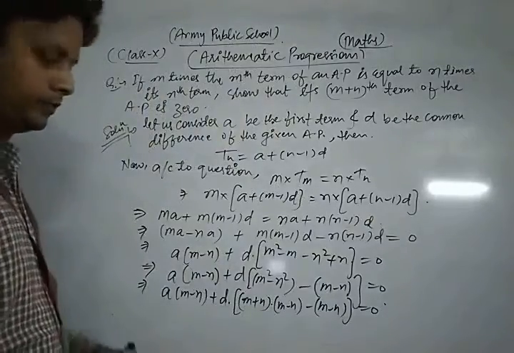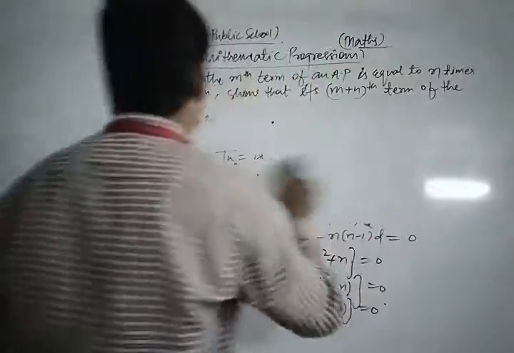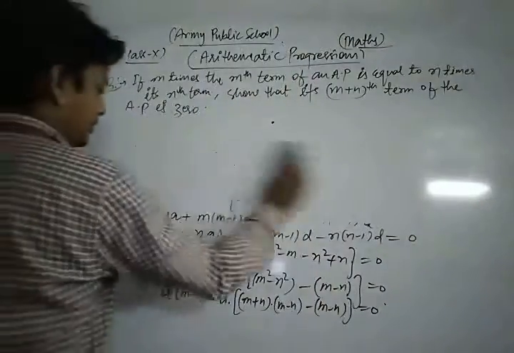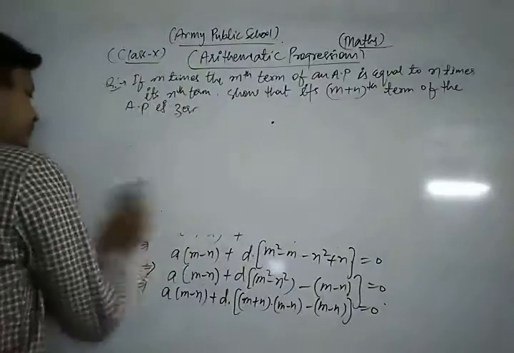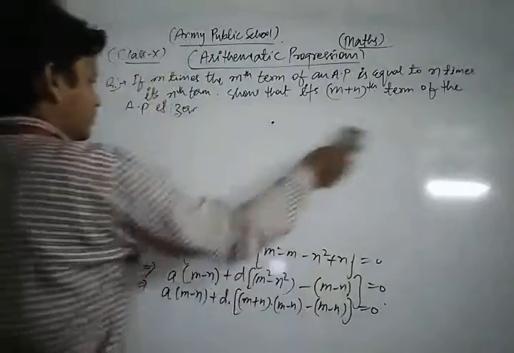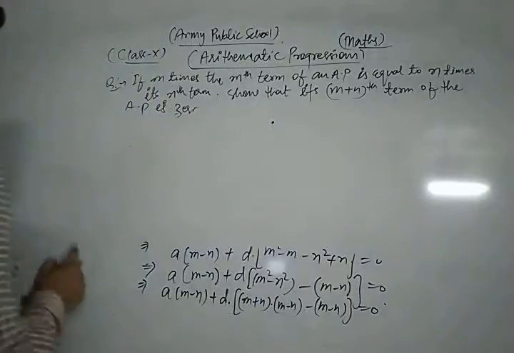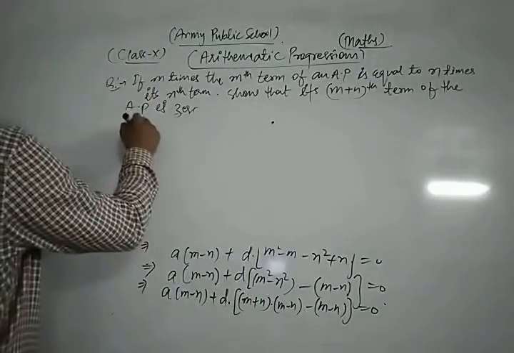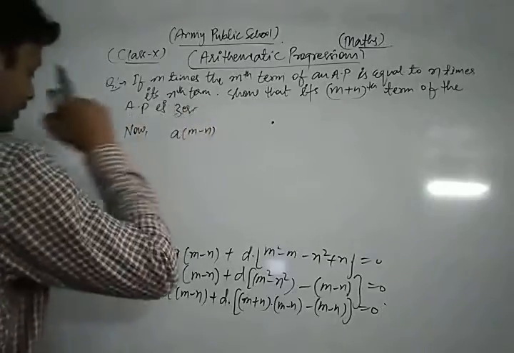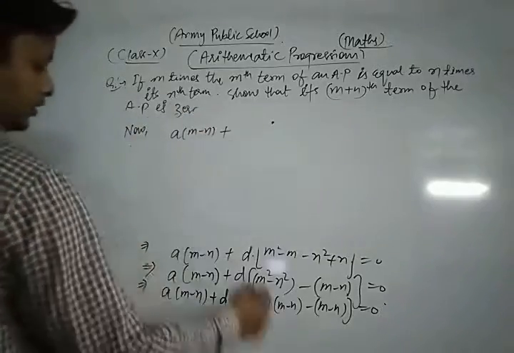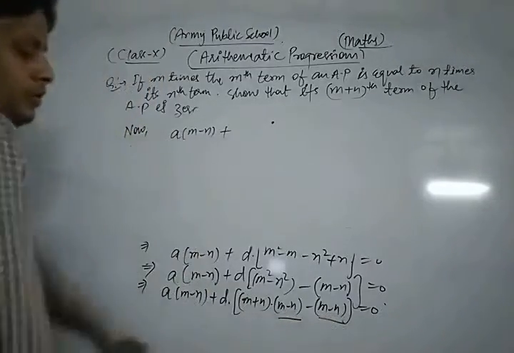Okay, now look, now we write as a into m minus n plus, from these two terms we take m minus n as common.